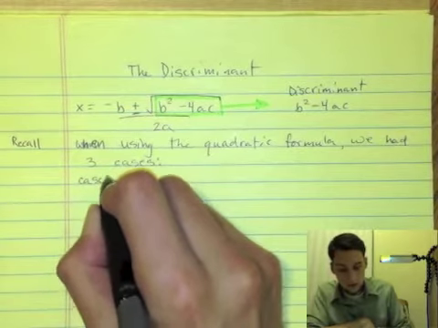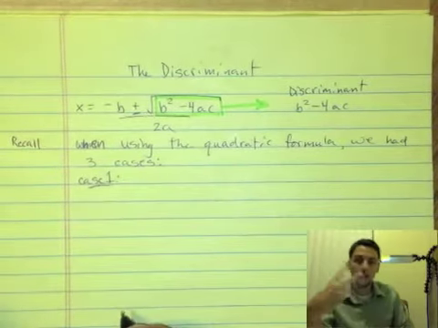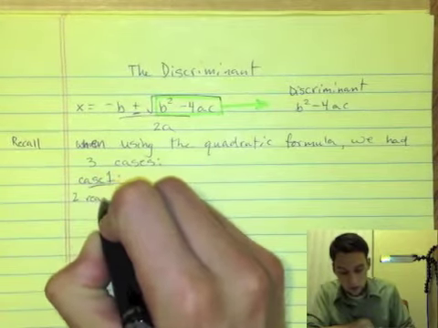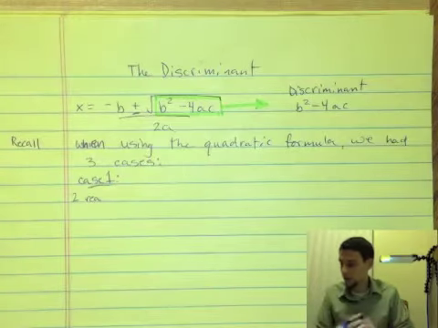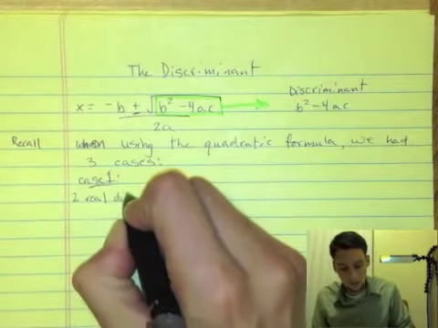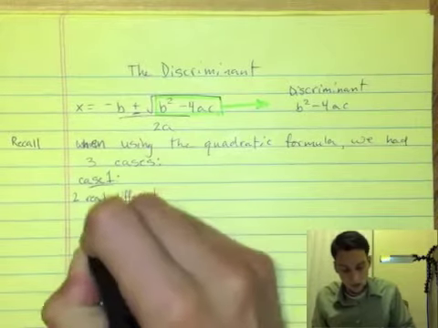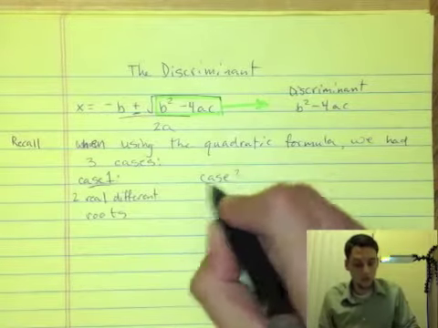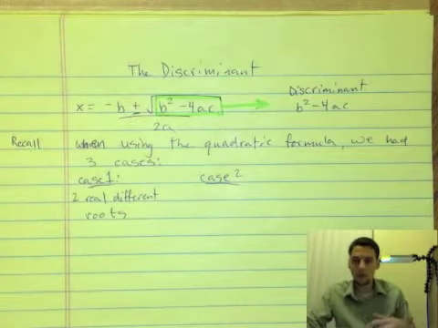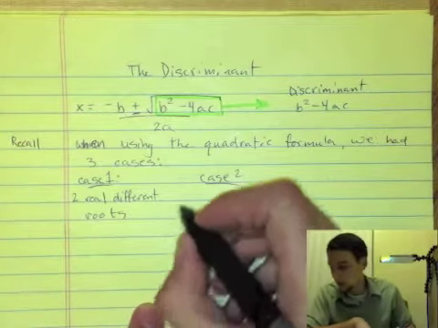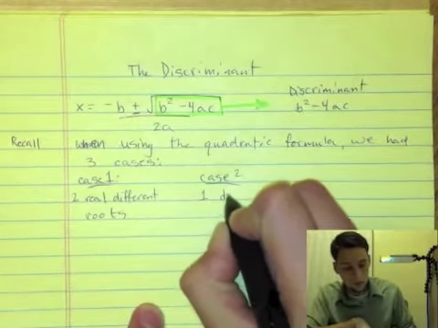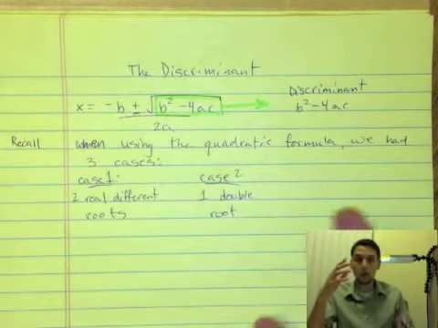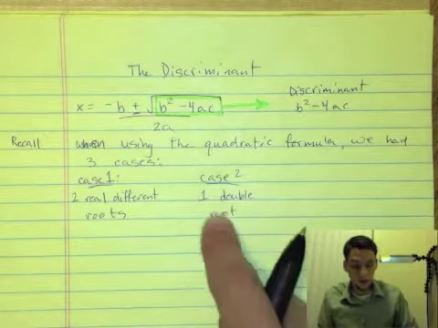Case one was when we ended up with two answers that were real, two real different roots. Case two, I make this distinction because case two will have two roots, but it's a double root, so it's the same. So I'll just say one double root. And when we were factoring, we found double roots all the time, and that's case two.